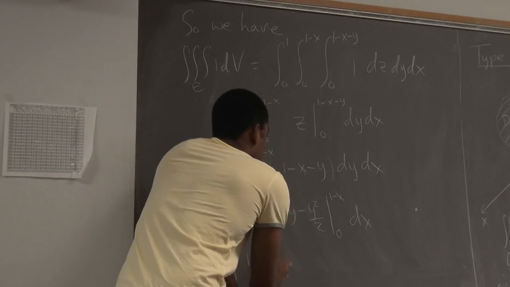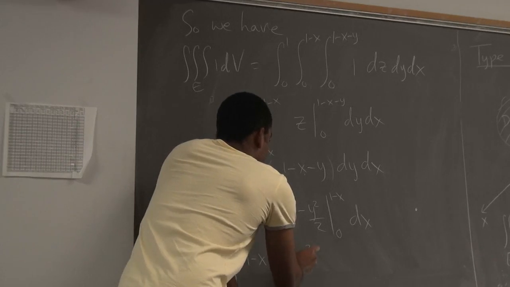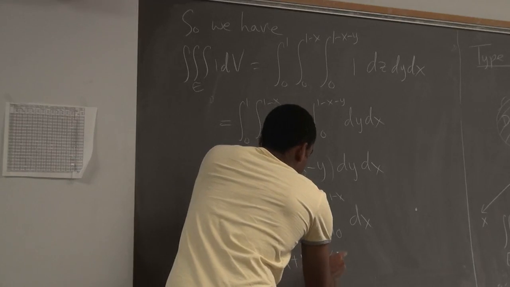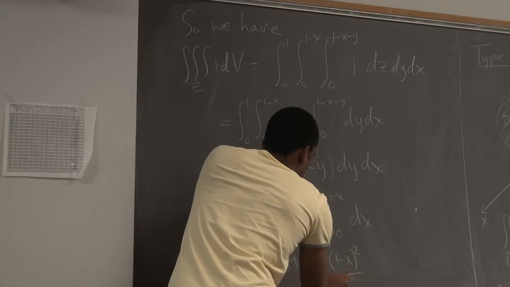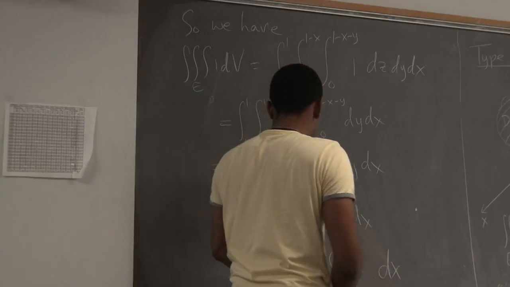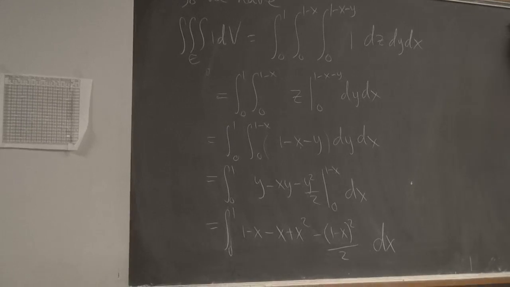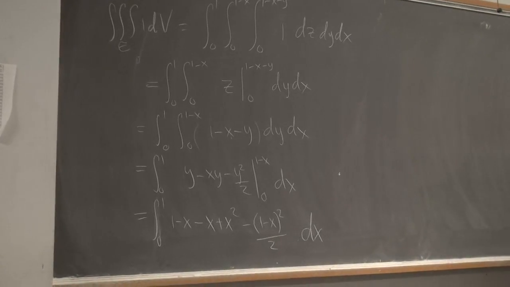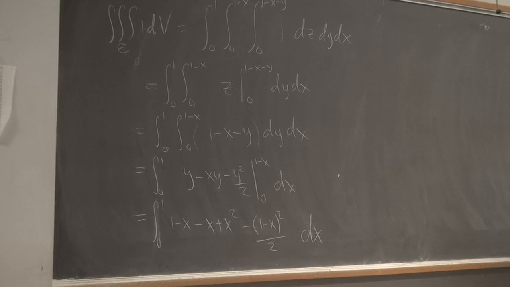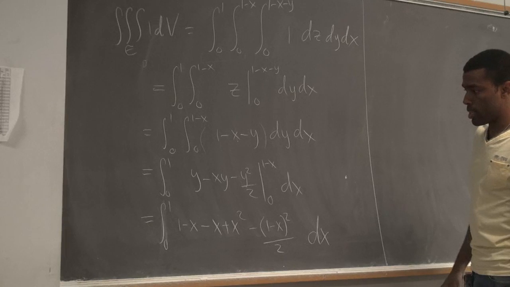x minus x plus x squared minus 1 minus x squared over 2. Plug in 0 for y, everything is 0. And now integrate that with respect to x.